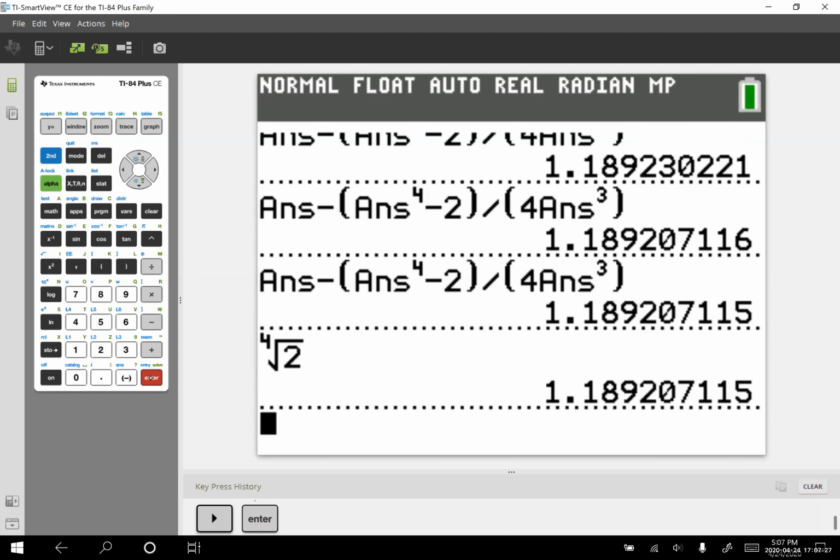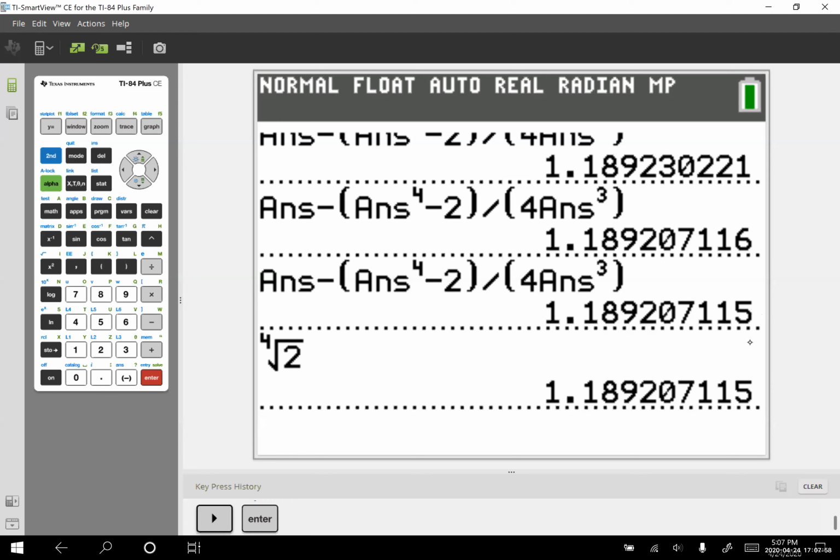Wow, look at that. Okay, so the 4th root of 2 is definitely about 1.1892. We have totally hit that to 4 decimal places. And look, out to the 9th decimal place there, as many as the calculator is showing us on screen, this exactly matches the x sub 5 approximation right above it.